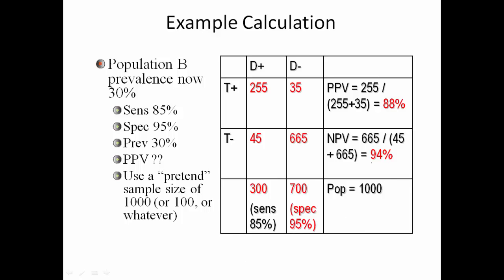And there it is, 94%. Positive predictive value is 88%. Okay, so now we've gotten to the new predictive values in this higher prevalence population.